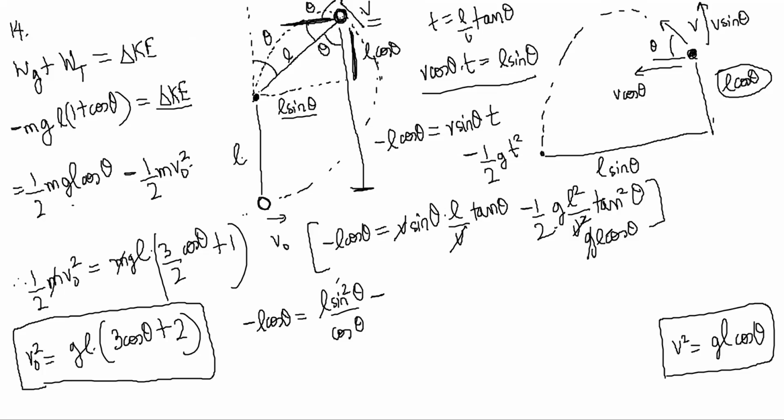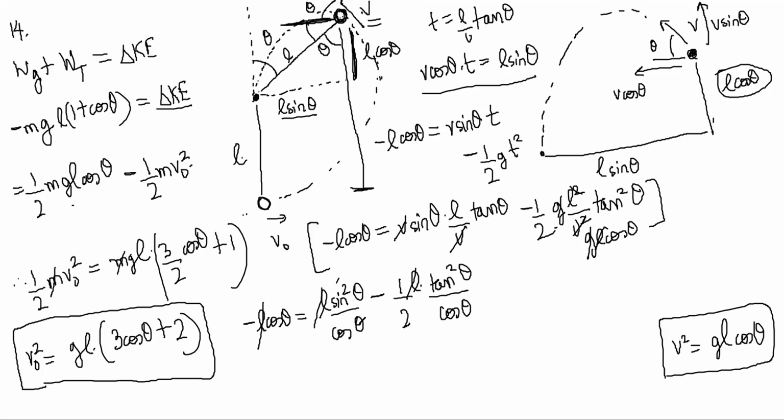G will cancel, L will cancel. This becomes half L tan square theta by cos theta. Tan square is sine square by cos square. So L cancels from everything.